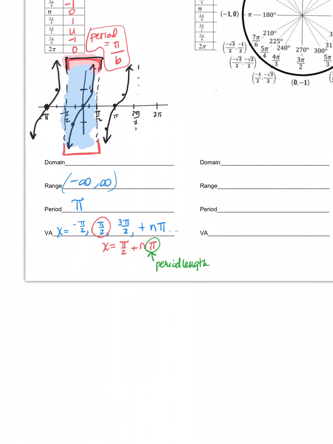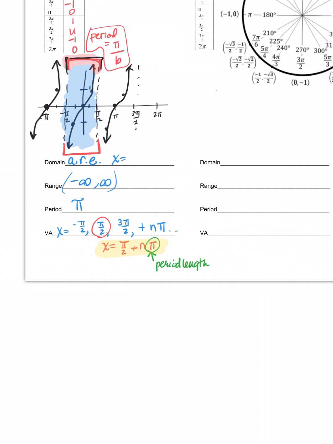Now, when we go to domain, it would be every number except where there's asymptotes, right? That would be a lot of little interval notations, wouldn't it? Do we want to do that? No. So we use some abbreviations, and we say all reals except, A-R-E, all reals except. And then I'm going to take exactly what I did on the vertical asymptote and rewrite it.